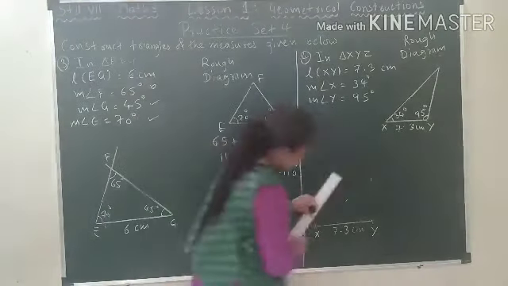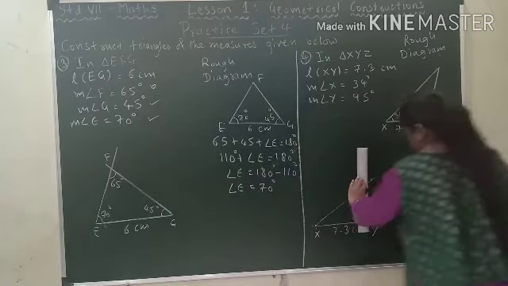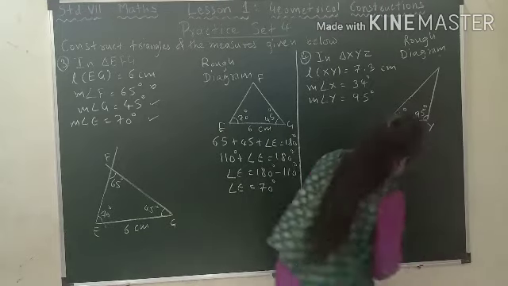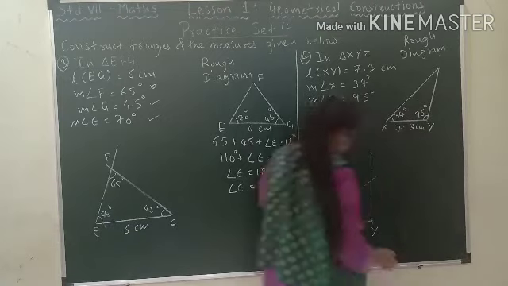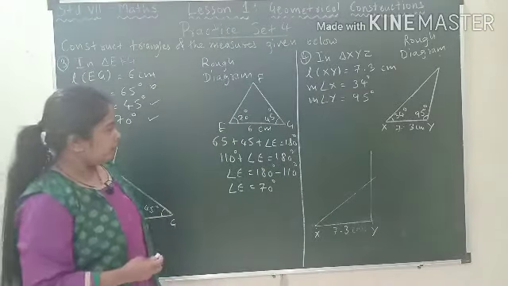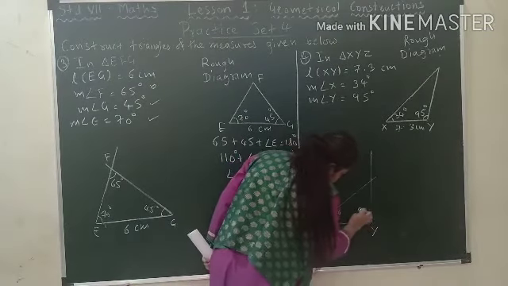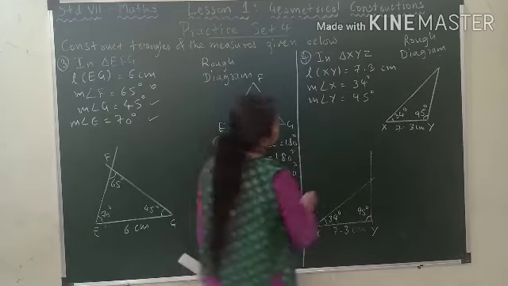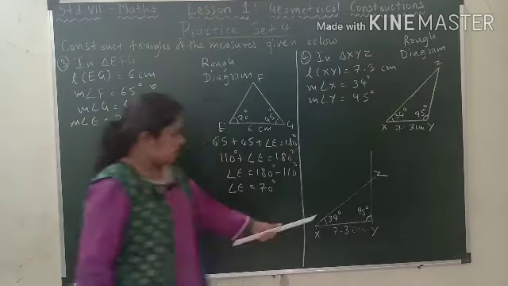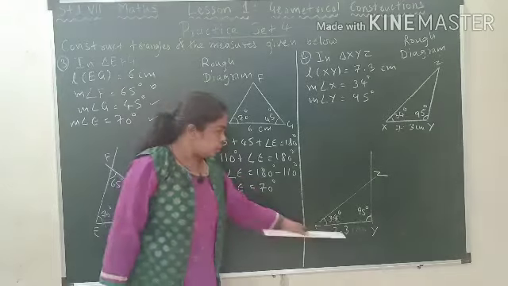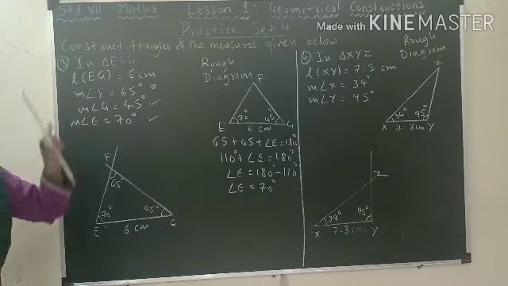We'll join them. See, that's our triangle. Z. 3 information, 1, 2, 3, and this way we complete our practice set 4.